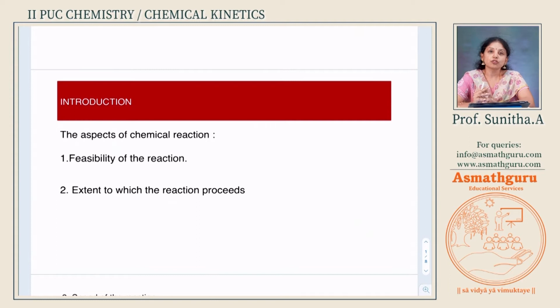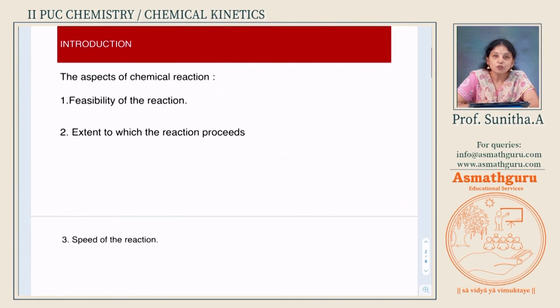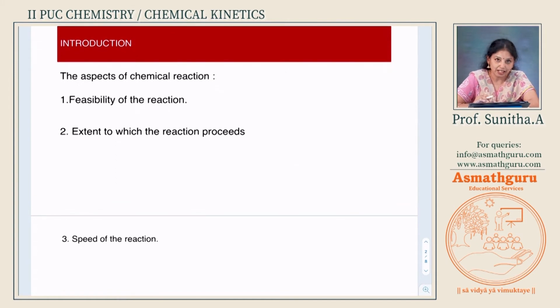First and foremost, what are the aspects of a chemical reaction? There are three important aspects we have to consider. The first is the feasibility of the reaction. The second is the extent to which the reaction would proceed. And the third is the speed of the reaction.